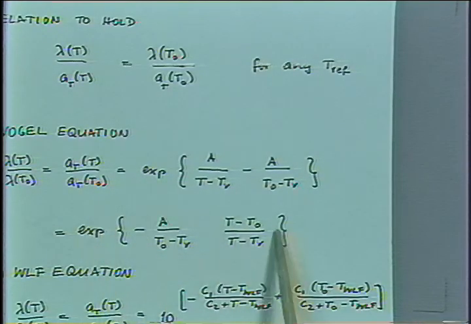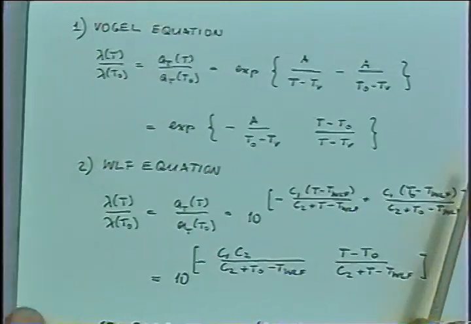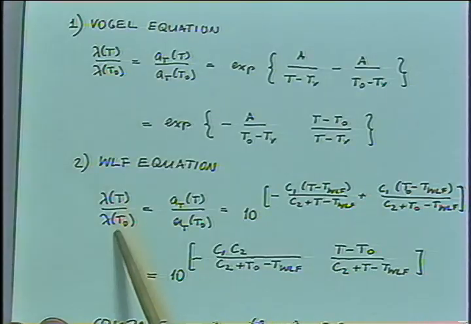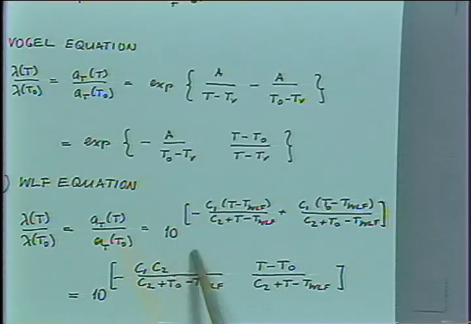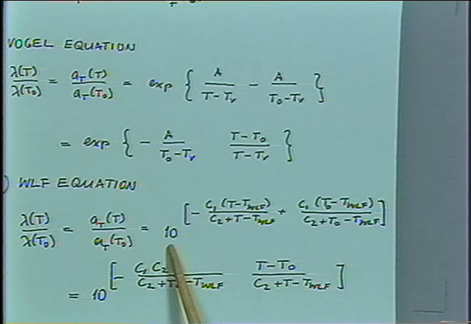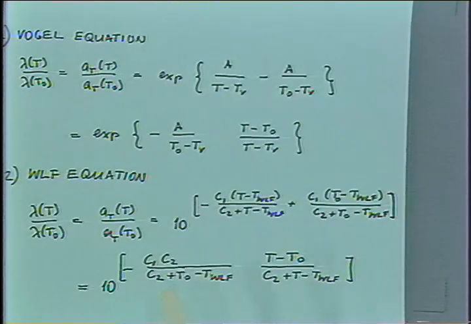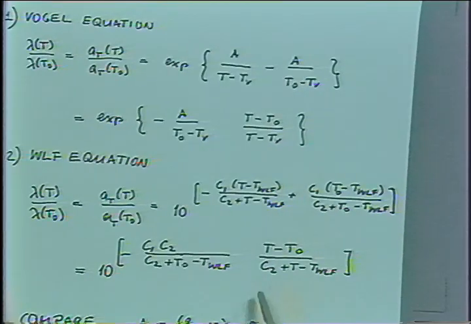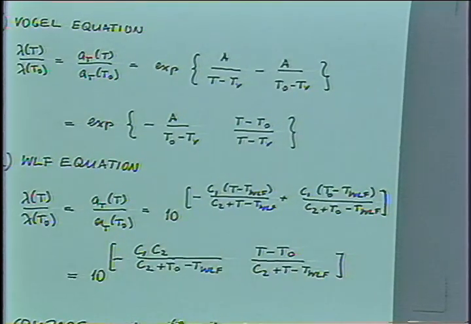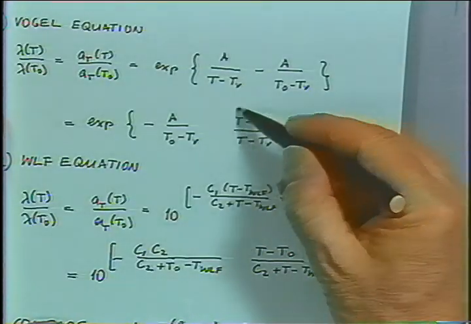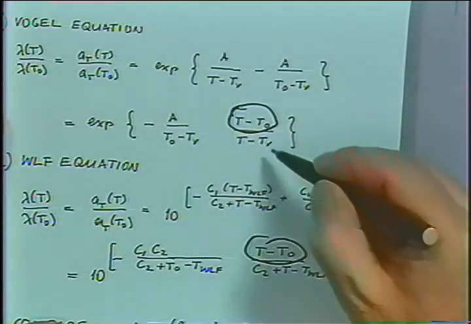So let's keep this solution in mind, and then we do the same exercise with the WLF equation. The ratio of the lambdas is given by the ratio of the shift factors. We calculate this with 10 as a base now, and we combine those two exponents here, and when you rearrange all this, you'll find the solution here. And now let's compare. I brought some pen here. So this term here appears up there.